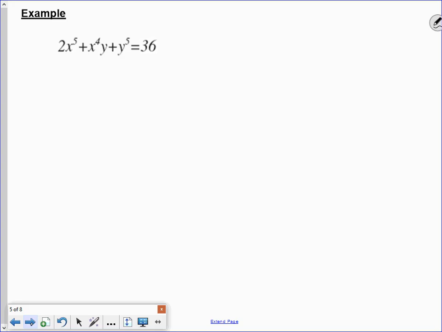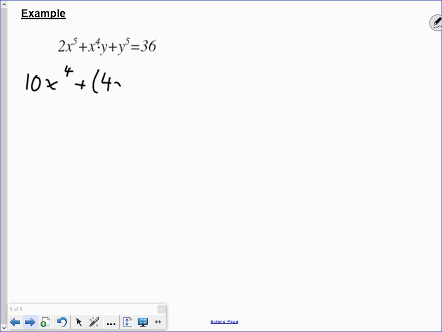We're going to take the derivative of each term with respect to x. So bringing down the 5 gets us 10x to the power of 4 plus, when we do the derivative of this middle term, we have two terms multiplied by each other, x to the power of 4 times y. We have to remember to use the product rule.